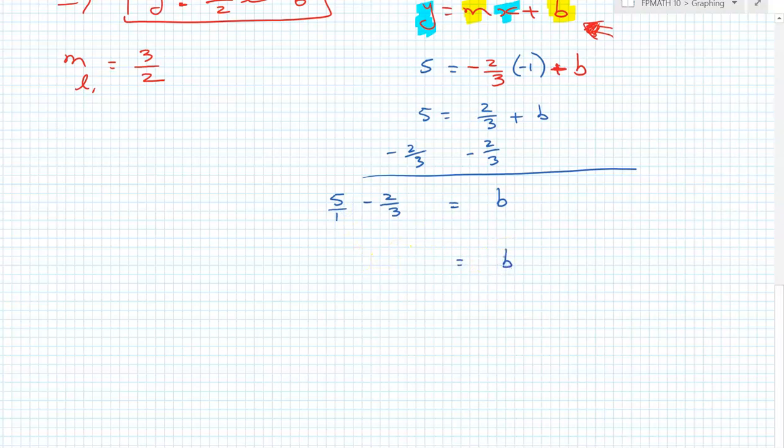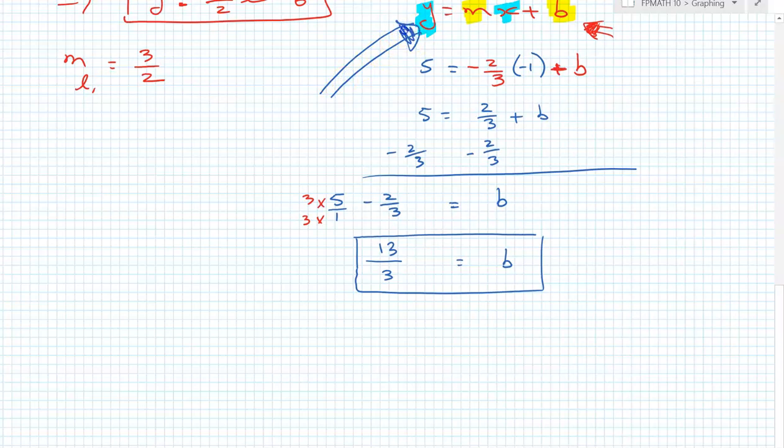Do the math and you will get 13 over 3. When you do the math in this one, you're just subtracting these two fractions. Don't forget the lowest common denominator, but that's what you will get. All right, now that we have this, we go back and we're going to use the original y equals mx plus b, rewrite the equation.